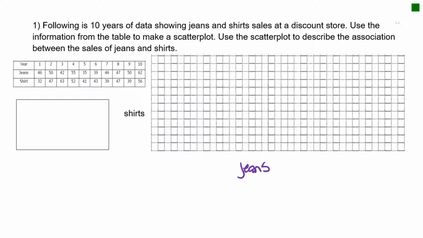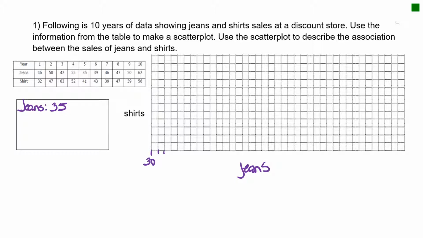Now, we've got 10 years, but that's not where we're going with this. We are going to look at our jeans. We've got to plot 46, 50, 42, 55, 35, 39, 46, 47, 50, and 62. Our smallest number is 35, but that's not a good number to start at, so let's start at 30 on the jeans and count by 2.